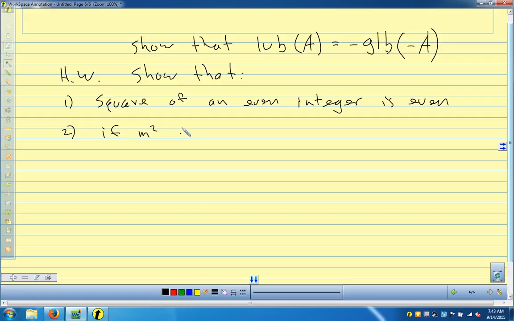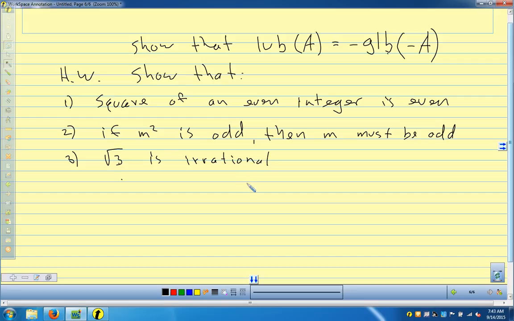If m squared is odd, then m must be odd. Square root of 3 is irrational. The sum of 2 rational numbers is rational.